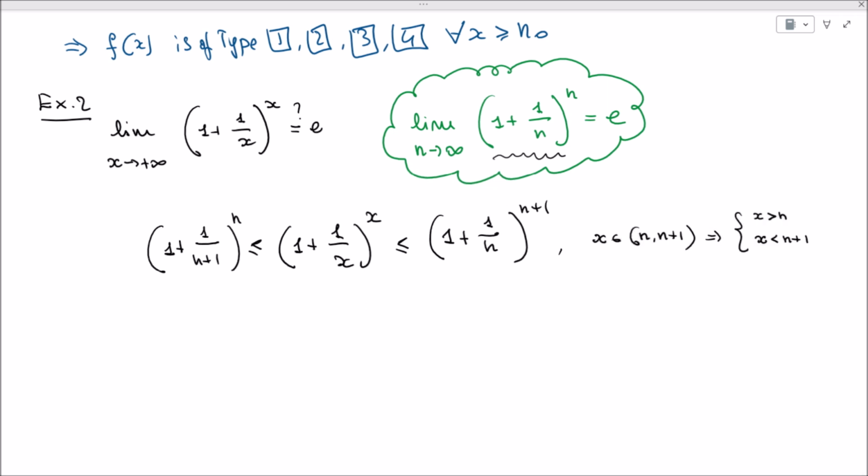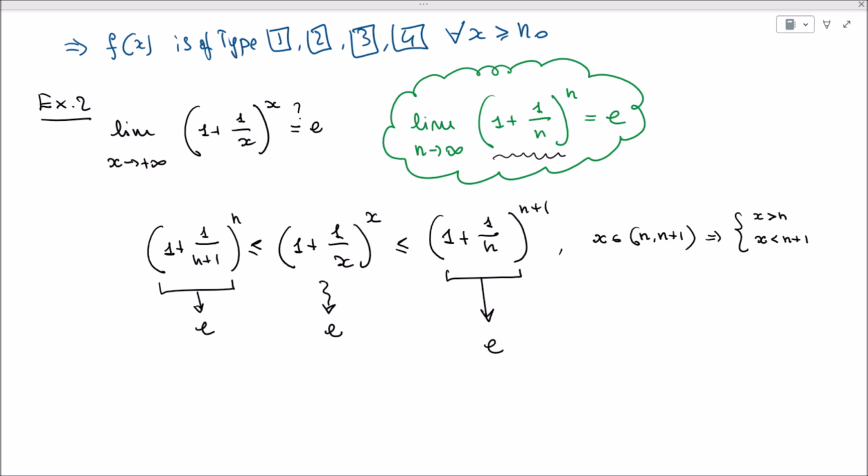Okay, so what we can see here is that immediately we realize, and we will prove this, that this is clearly something that will tend to e, Euler's number. This as well will tend to e, and as a result of this, by the squeeze theorem, the function which is in the middle will also converge to e.